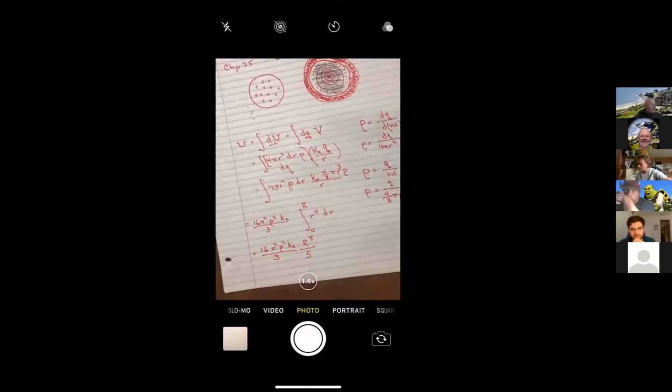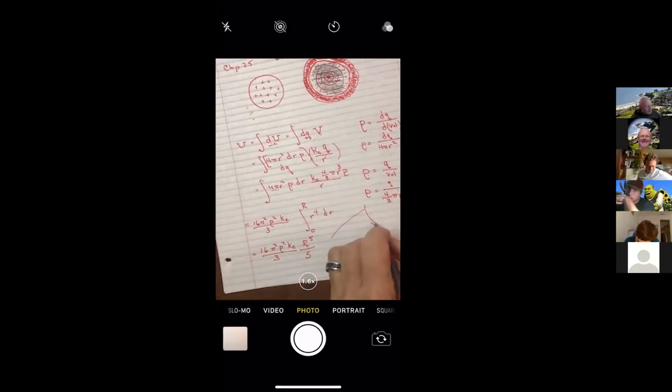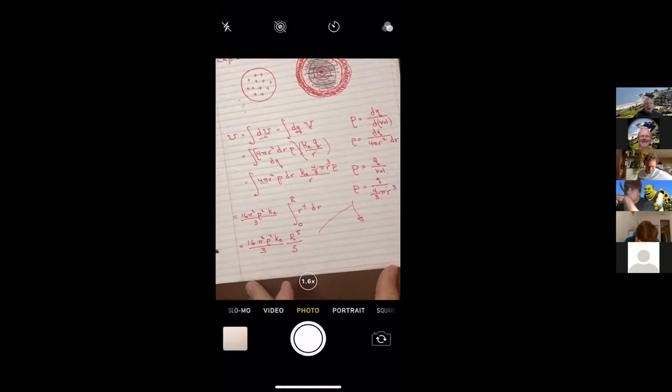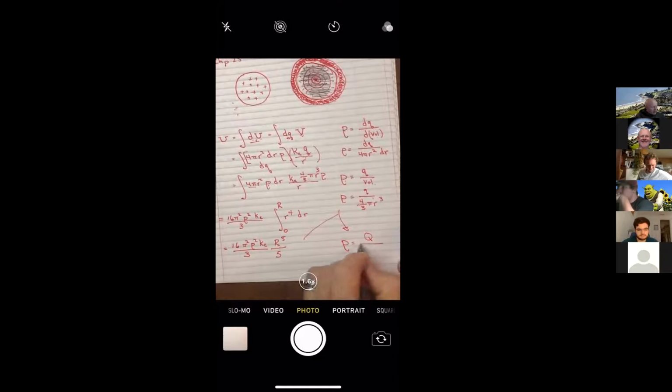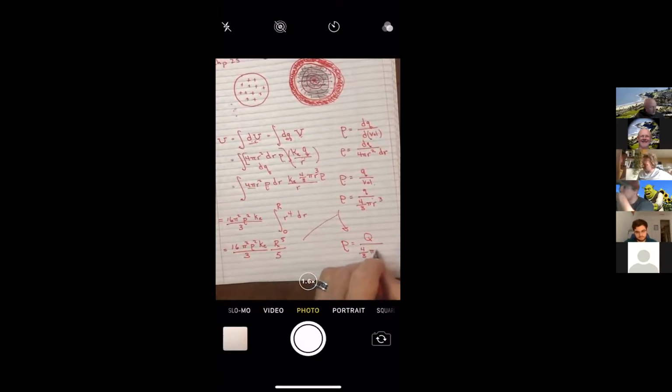Now, I guess technically they are because I've got an R and a rho. But looking at the solution, your author did one more step here, which we can argue was not necessary. But he said, well, rho would be the total charge over the total volume.